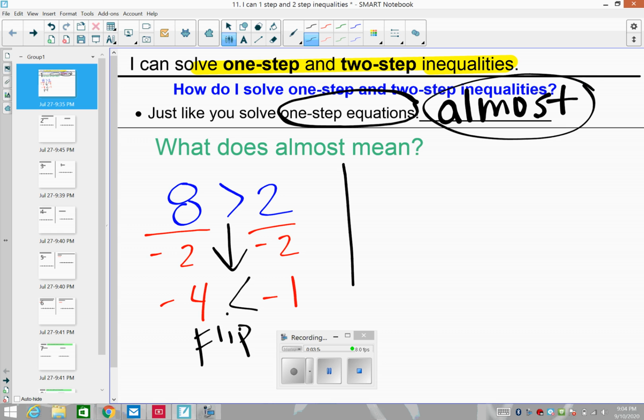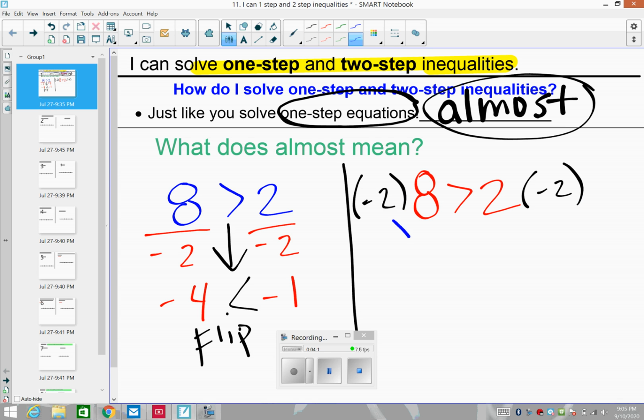There's only one other scenario where this happens, and that's why I'm going through this big analogy. If we take that same statement, 8 greater than 2, and multiply both sides by negative 2, is it still true that the left side is greater than the right side? Is it true that negative 16 is greater than negative 4?